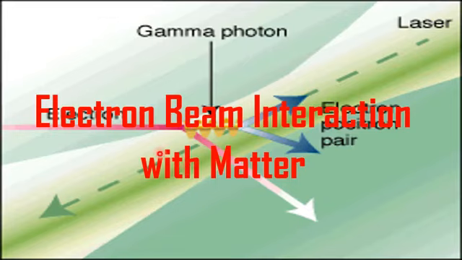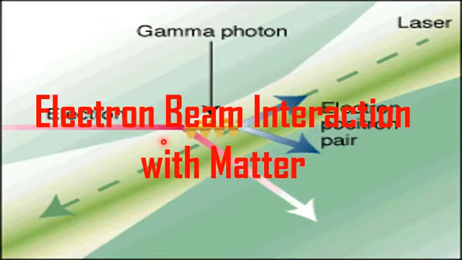So dear student, on the basis of the interaction of the electron beam with a material surface, and on the basis of emission, transmission, absorption and reflection of electrons from the sample, different types of advanced techniques are introduced in material science and engineering.